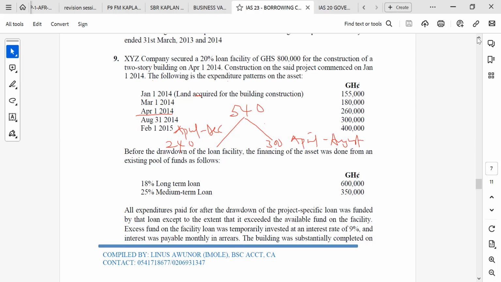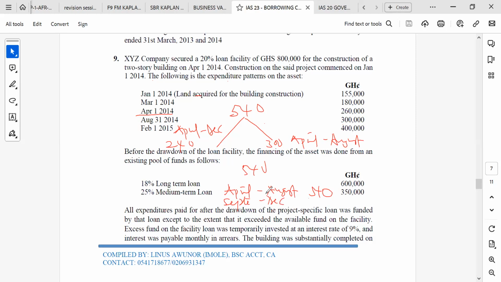Or I'm also saying that the 540, you can go about it like this. You assume that from April to August, all the 540 was there. So you invested all the 540 from April to August. But at the end of August, you went for 300. It means that from September to December, you have only 240.